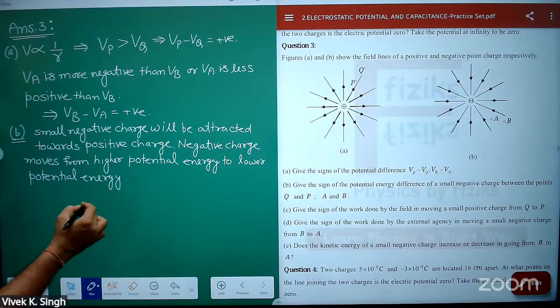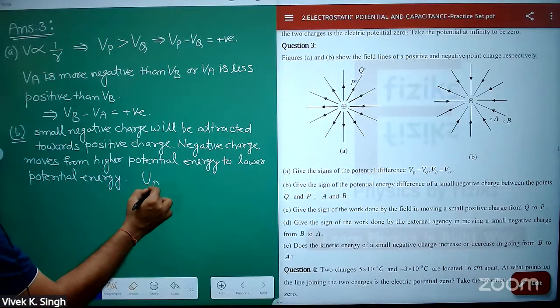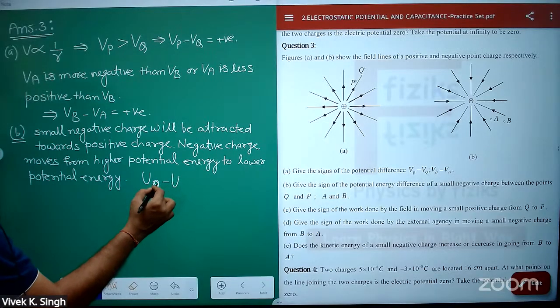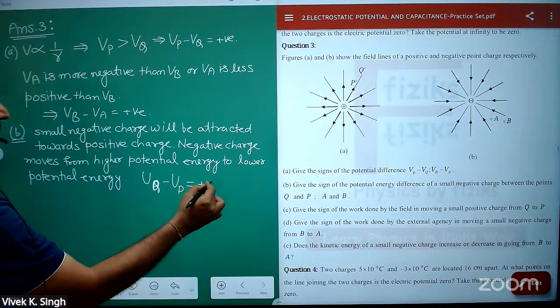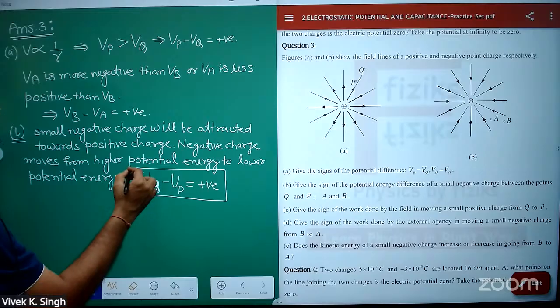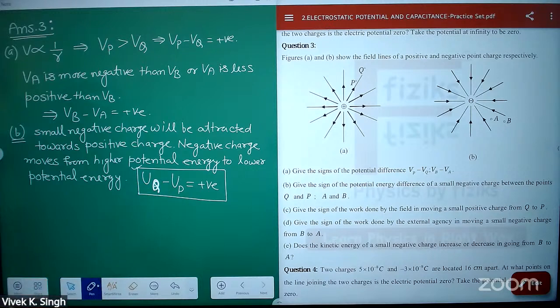So in this case, you will see UQ minus UP will be positive.